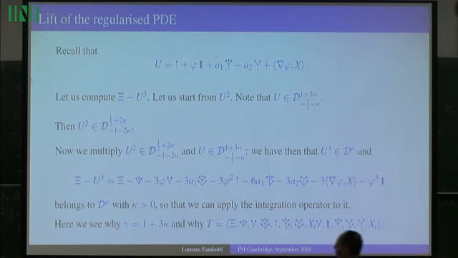If you check the homogeneity, this is minus 5 over 2 minus kappa. Wait a second, no, this should not be there. Why is this there? I should be stopping at kappa, so this should not be there.